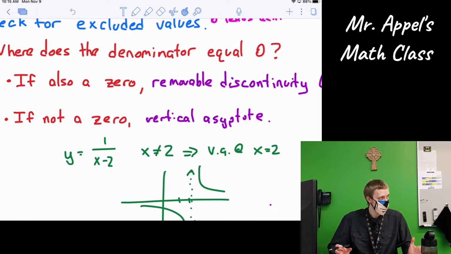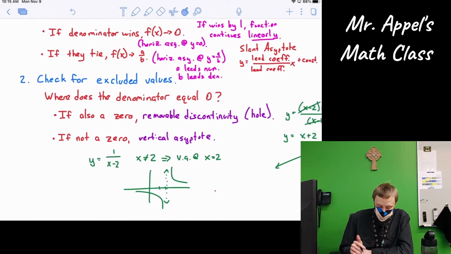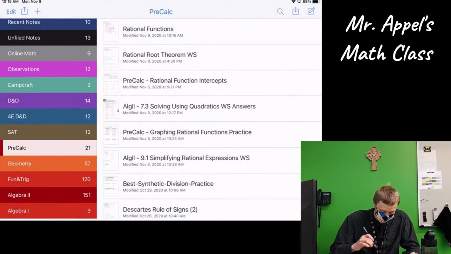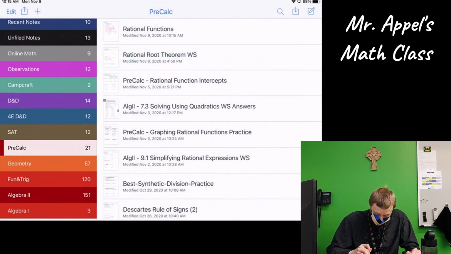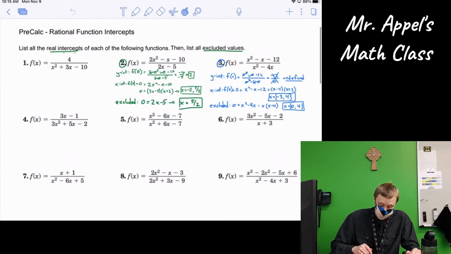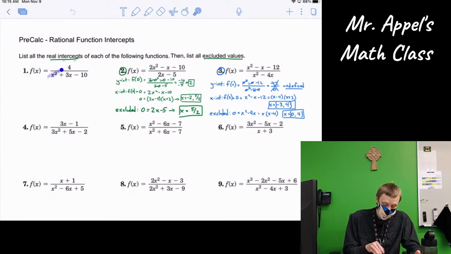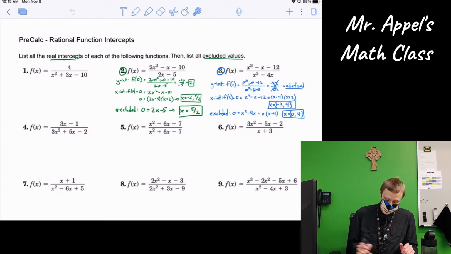All right, then, as promised, we are continuing to work with the very same functions as before, which were on the intercepts section. You did this last week, so very same functions are on your worksheet for this week, except the instructions are different. Now we're looking to list all the asymptotes for all of these functions.